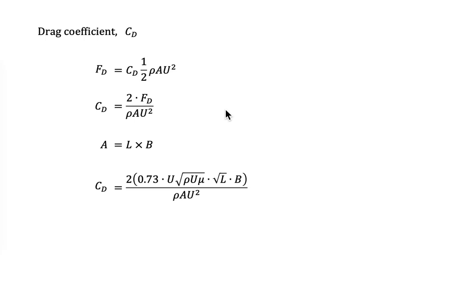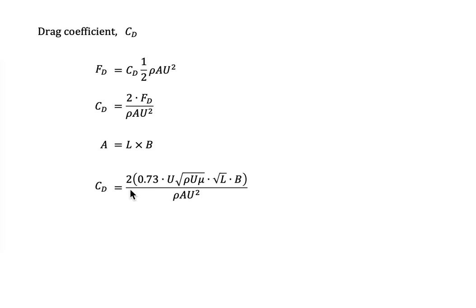And this is the calculation for drag coefficient. Previously in our slide, we know that drag force is equal to C D times 1 over 2 rho A u squared. So we rearrange this equation, so we have C D equal to 2 times F D over rho A u squared, and we know that A is length times width.